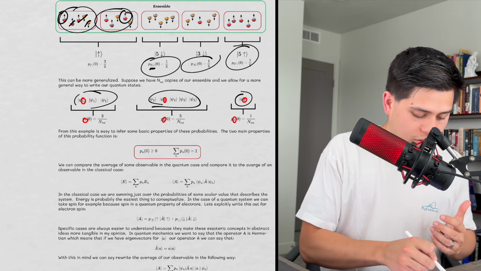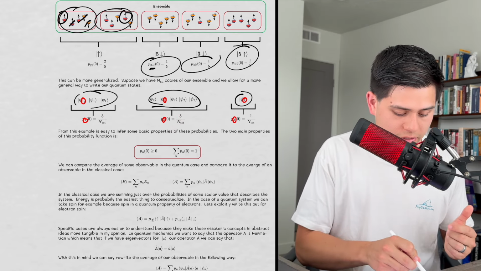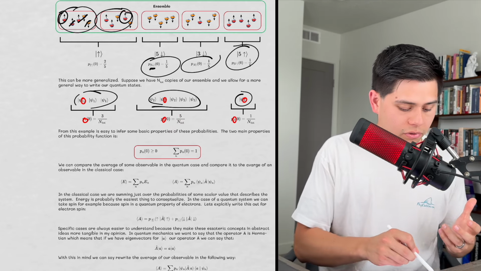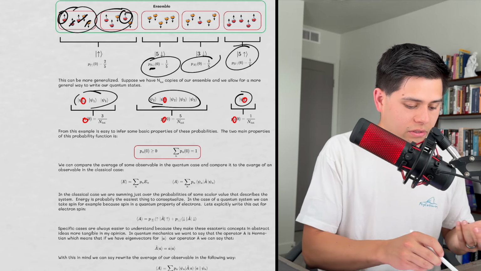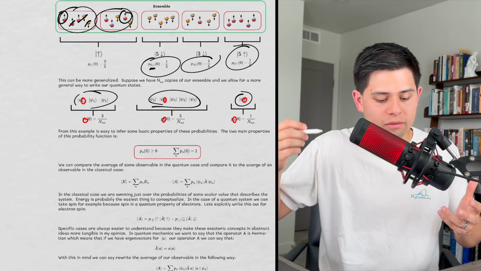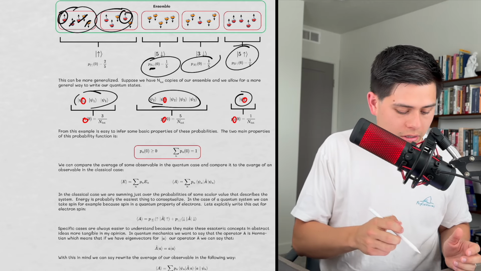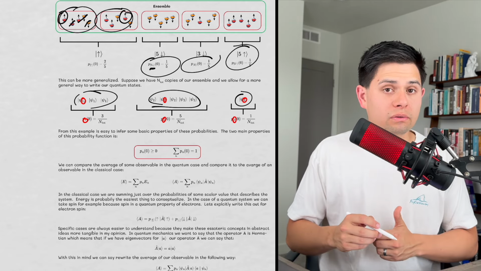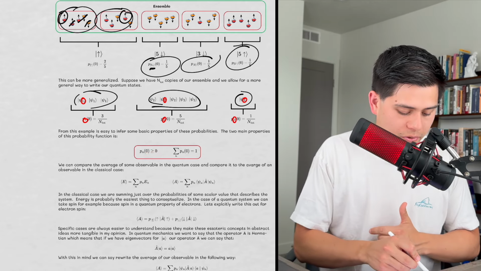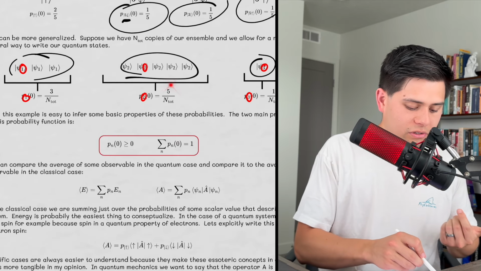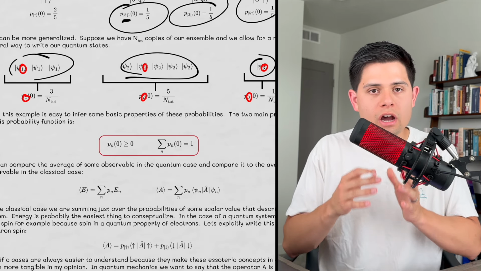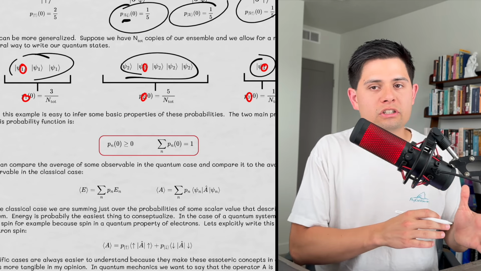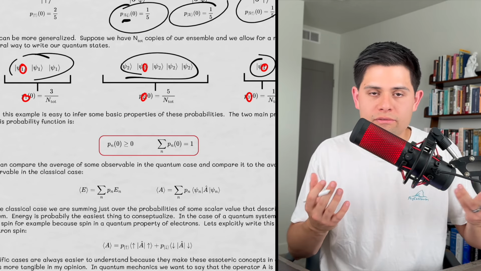Because these are fractions. You can't have an ensemble with 0 copies, unless you invent some copy that the ensemble can never have. But this is always going to be greater than or equal to 0. Okay? It's going to be equal to 0 only if the numerator is 0. So if there are copies in our ensemble that just don't exist, well, then that fraction is going to be 0.